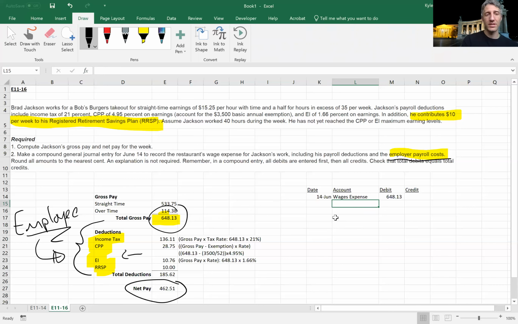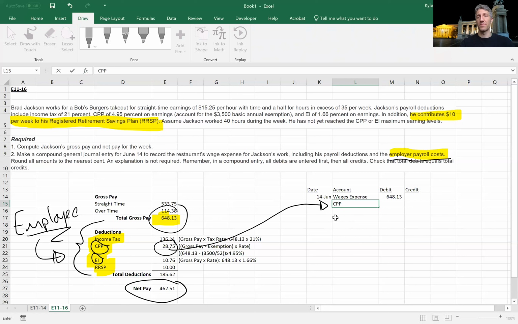But I just mentioned that some of these deductions are cost shared among employee and employer, namely CPP and EI. So let's talk about those quickly. CPP is cost shared at a rate of 1-to-1, so we're going to debit a CPP expense for the employer, and it's going to match exactly: $28.75.